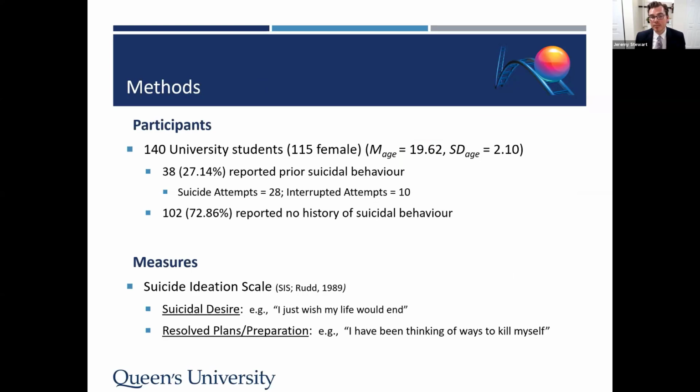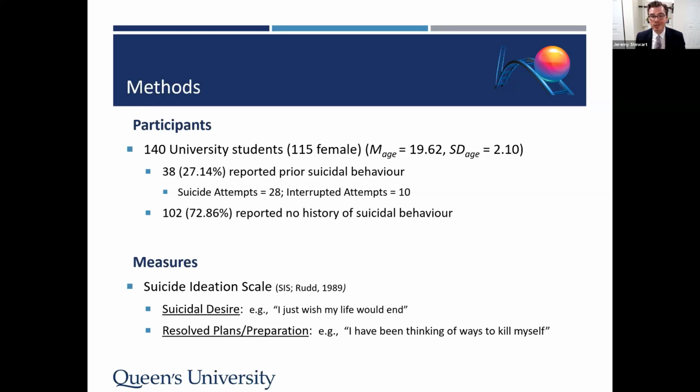Our validation study recruited 140 students, and we oversampled for prior suicidal behaviors. So the sample did include 28 people with a prior suicide attempt, and 10 additional students reported making an interrupted attempt. Along with several questionnaires that captured demographics and psychiatric symptoms, participants completed the suicide ideation scale, which measures the intensity of thoughts of suicide in the past week.